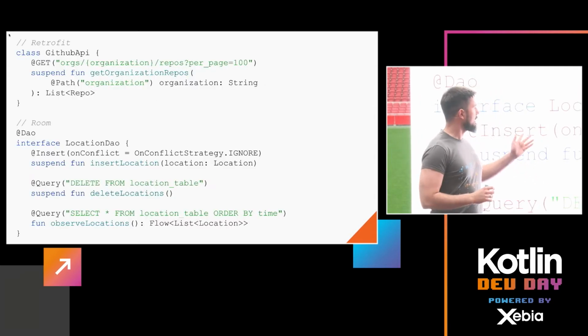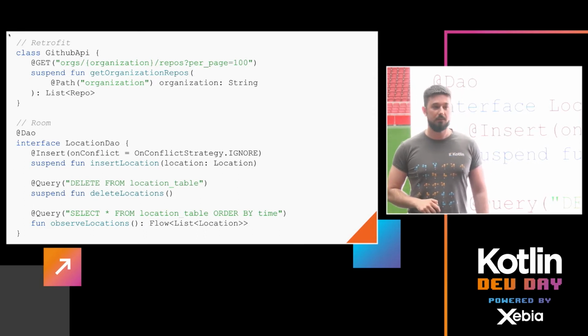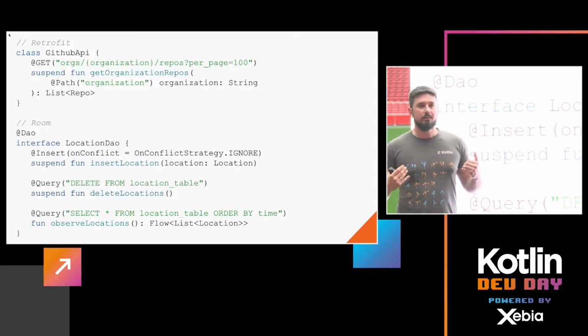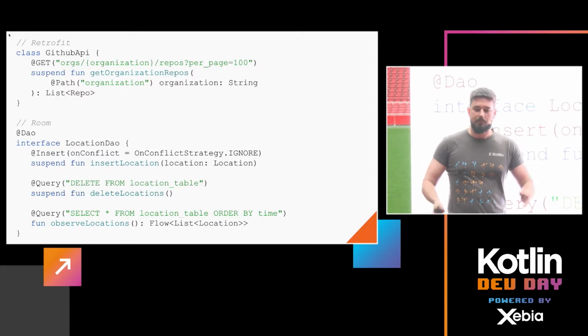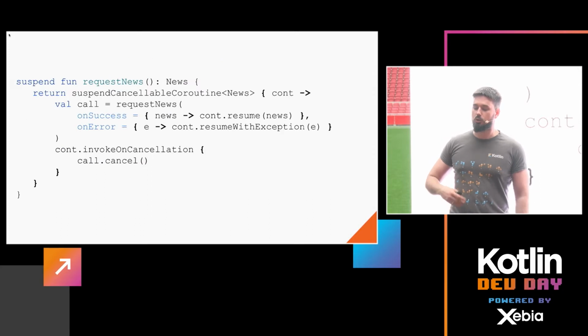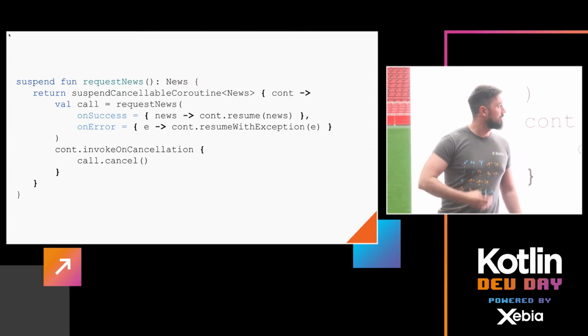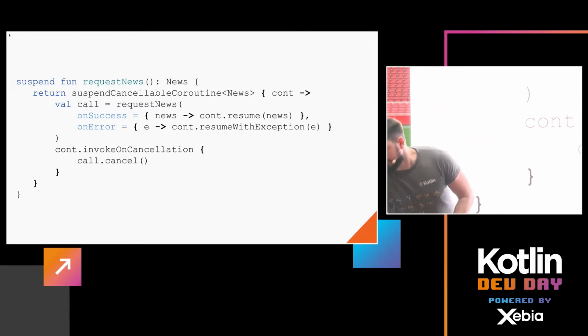So let's start with the top, our repositories. Again, if you're lucky, it is enough to just use a suspend modifier here and there. From my experience, all the other cases when it's not enough are in either of two categories. The first one is when you need to call a callback function. And this is a typical wrapping for a callback function. You can read it as follows.